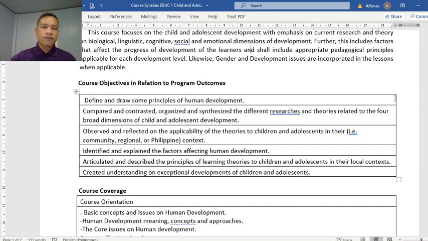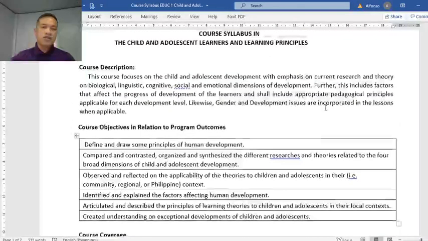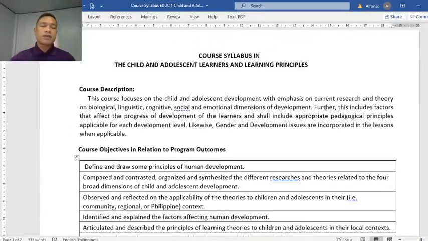So, judging from the course description and the course objective of this particular subject, this only means that the exact aim or the main intention of the subject is to help you develop a good amount of understanding or knowledge about your learners. Okay?